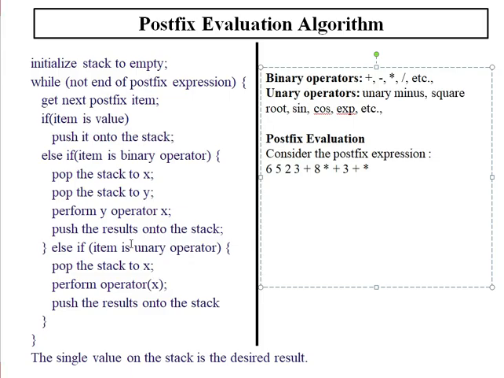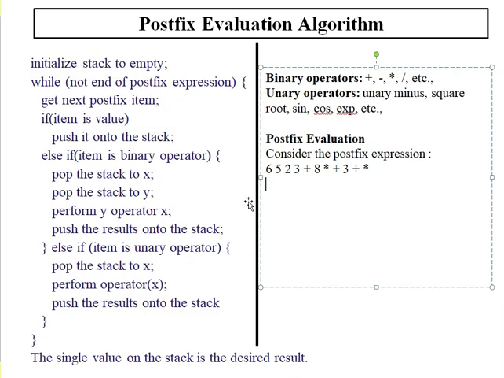Based on this algorithm, we first start reading the postfix expression from left to right, until we reach the star. We start reading the number 6 and pushing it on top of the stack.